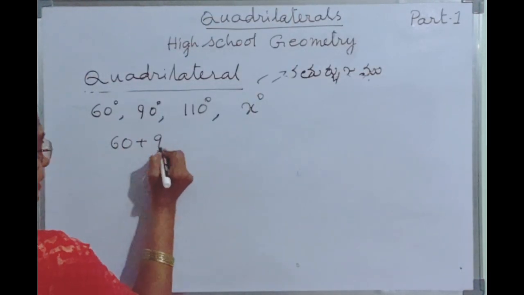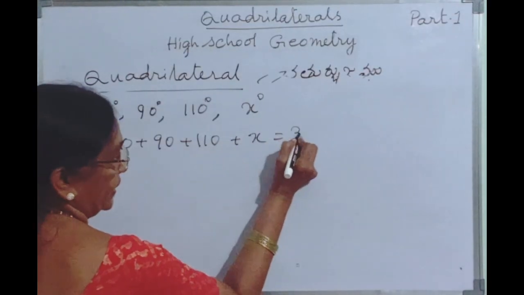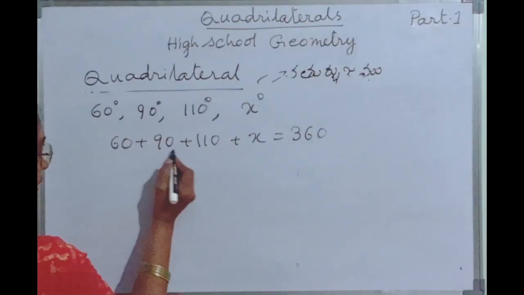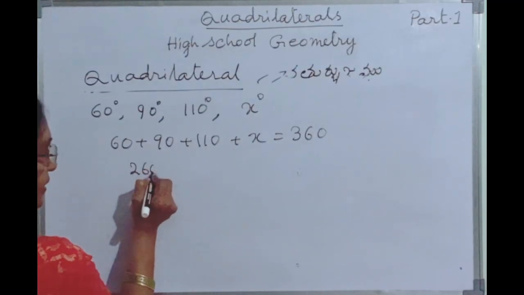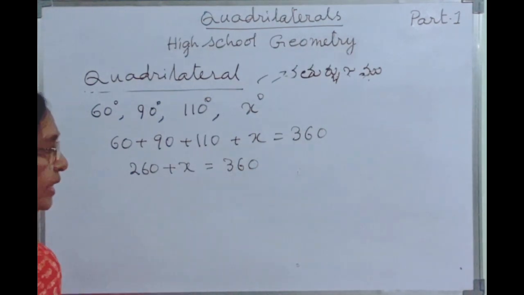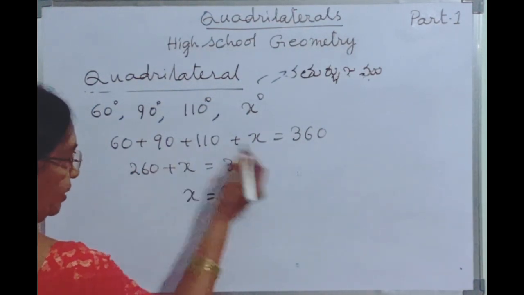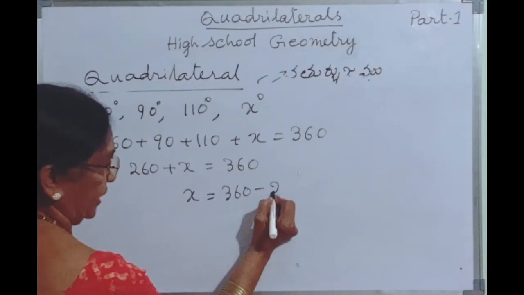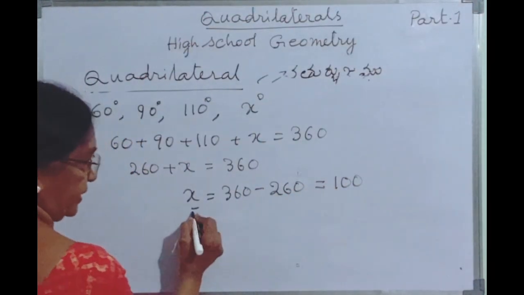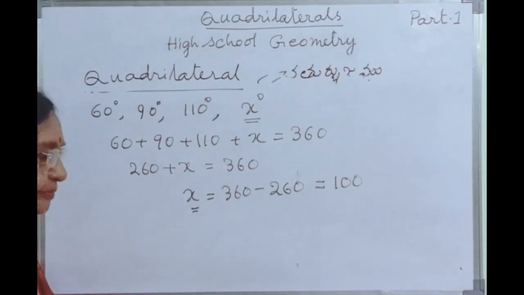Therefore, 60 plus 90 plus 110 plus x is equal to 360. 110 plus 90 is 200, 200 plus 60 is 260, plus x is equal to 360. Therefore, x is equal to 360 minus 260, which is 100. Therefore, x is equal to 100. The fourth angle is 100 degrees.